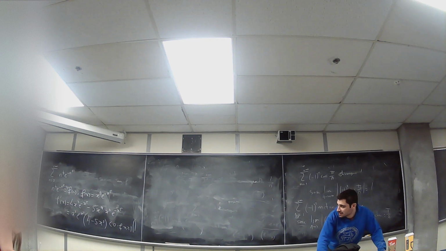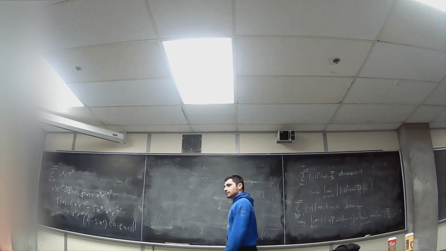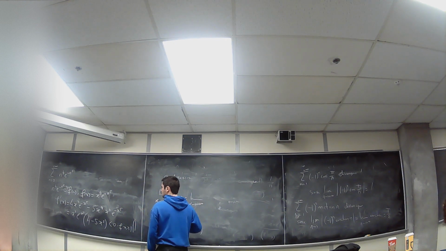So, what can I say? a_n is decreasing. It's clear that a_n is positive. And what can I say about the limit of a_n? Well, f of x as x goes to infinity, of x to the 4 e to the minus x to the 5.